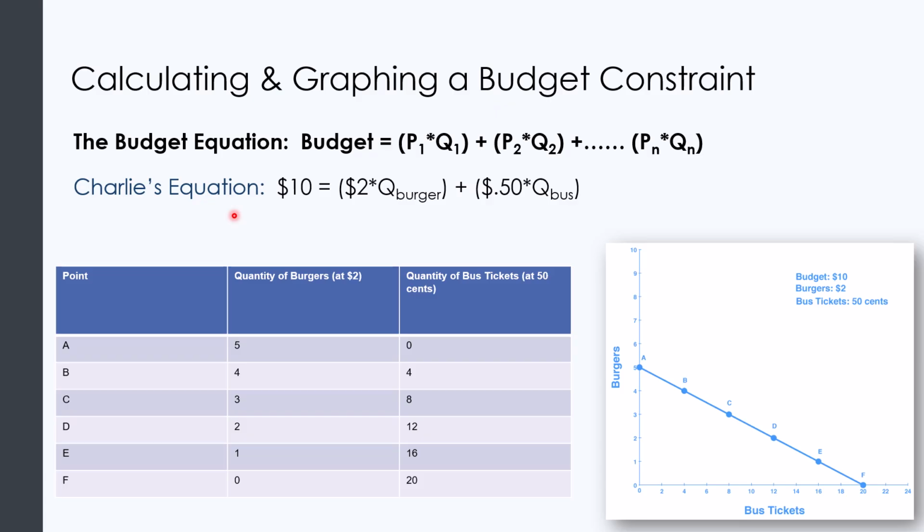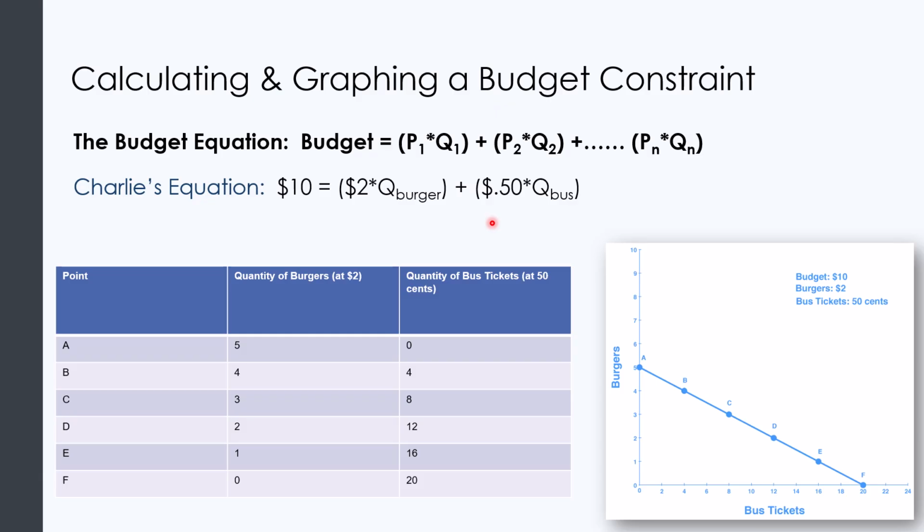For Charlie, his budget constraint is a limit of $10, and he'll have some combination of burgers, some quantity of burgers that cost $2 each, plus some quantity of bus tickets that cost 50 cents each.